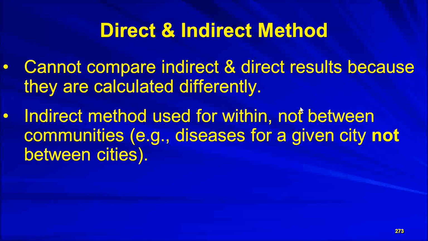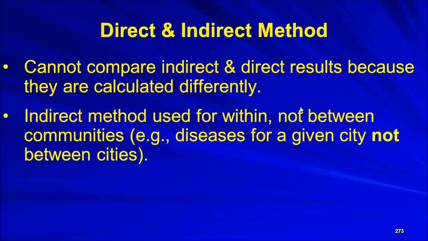So you could do it for lung cancer, pancreatic cancer, heart disease, or anything else for a given geographic location. That's very acceptable for the indirect method.